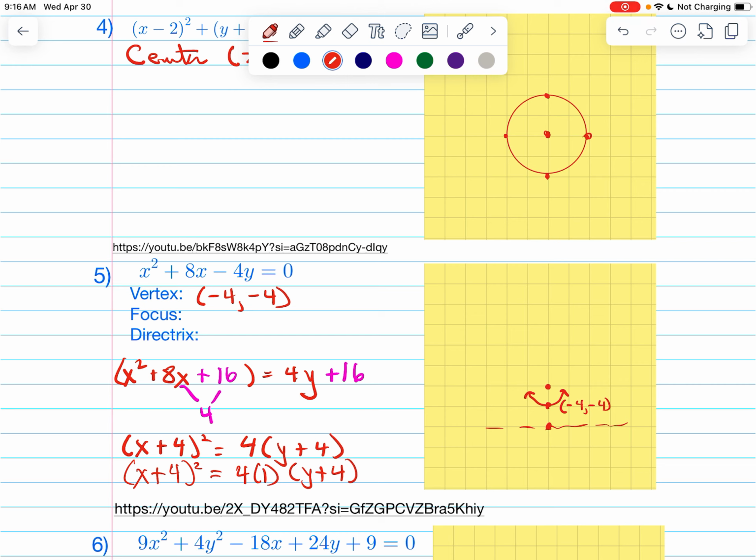But to be specific, the focus is going to be negative 4, comma, negative 4 plus 1. That's negative 4, negative 3. And this down here is y equals negative 5, because it's negative 4 minus 1.